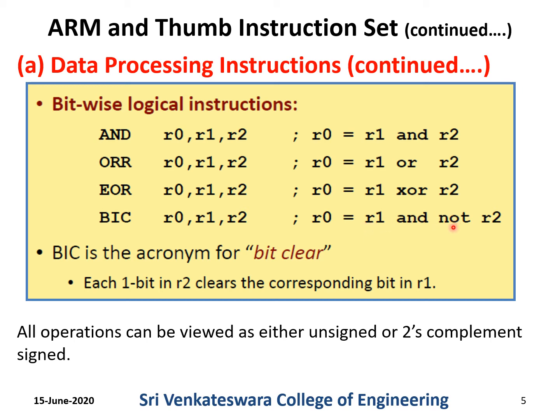So it is nothing but we are clearing the corresponding bit positions in R1 by setting a 1 in the register R2, and the result is saved in R0. That is called bit clear. So R2 has a bit pattern, and whichever bit positions have a 1, the corresponding bit positions in R1 are cleared. So that is R1 and not of R2.